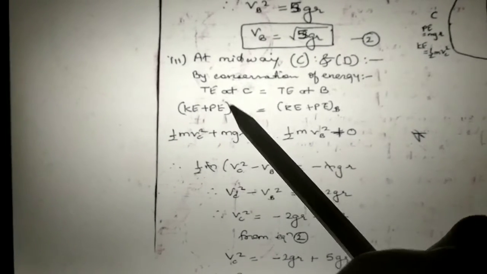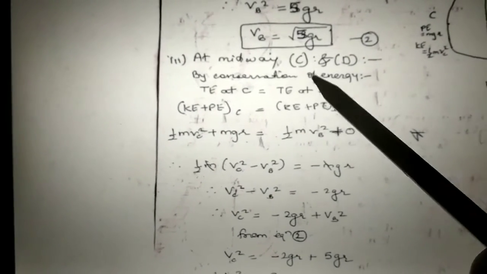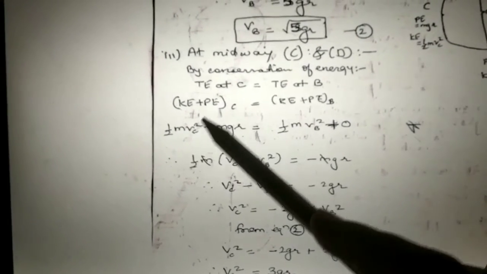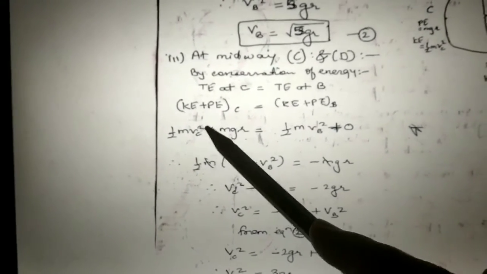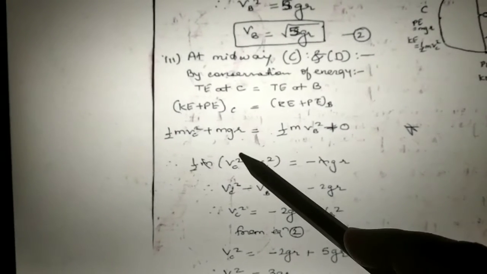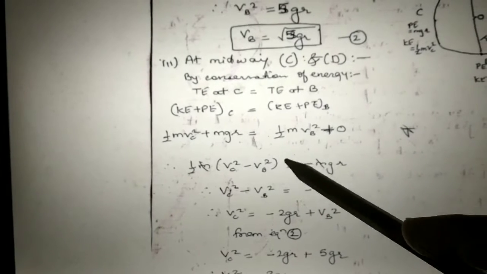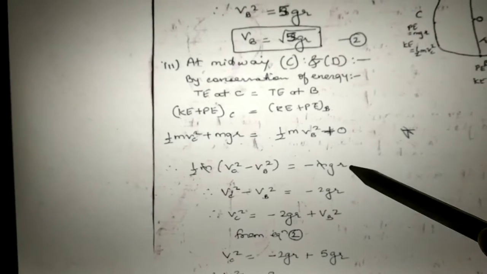Then again, kinetic plus potential at C is equal to kinetic plus potential at B. Substitute the values at C. Kinetic energy is half m vc square plus potential mgr, equal to kinetic at B, half m vb square, with potential 0.